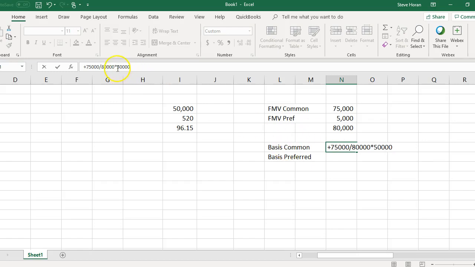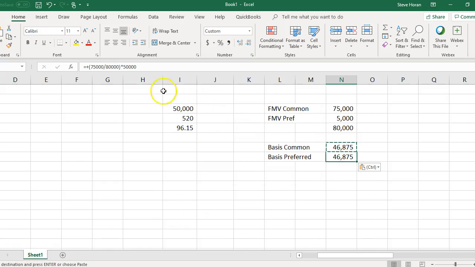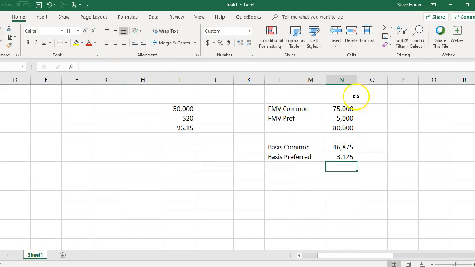I've got to get my brackets in there to do this right. Then I do the same thing for my basis on the preferred, only this time I'm taking 5,000 divided by 80,000, multiplied by 50,000. I sum those together and I get 50,000. So that's how we do that one. The key is that it was non-taxable.